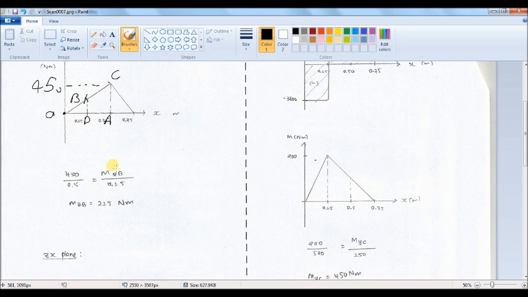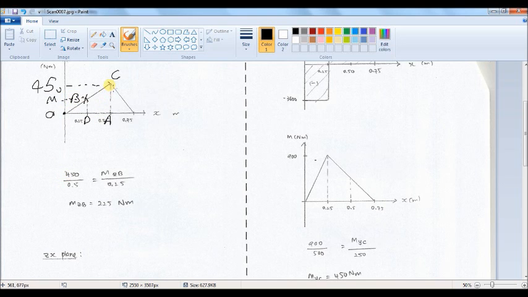Okay, so in these two similar triangles, the side CA is similar to side BD, right? And BD is actually the moment at point B.